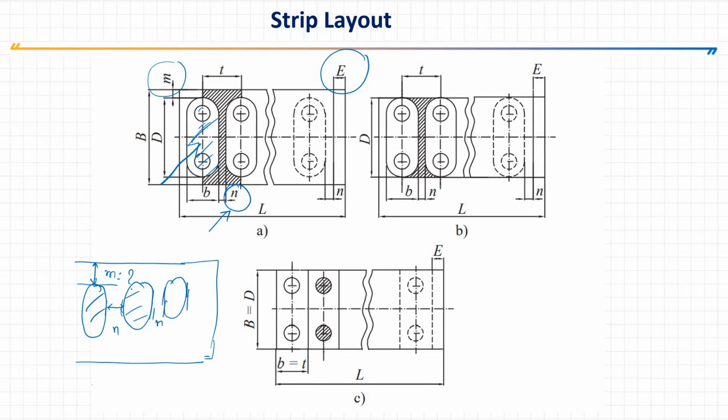After that, what should be the size till where it will go? This end is e, the end scrap size. This also we have to calculate.